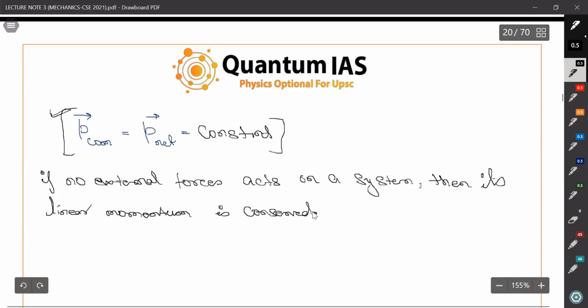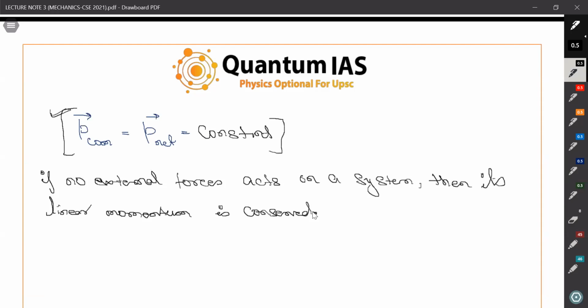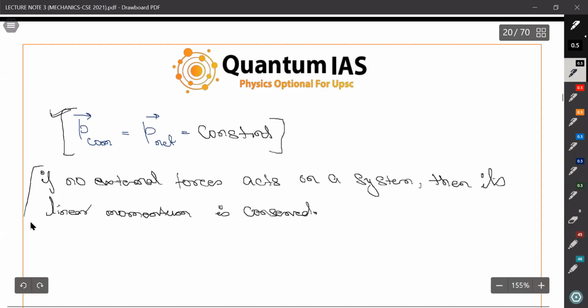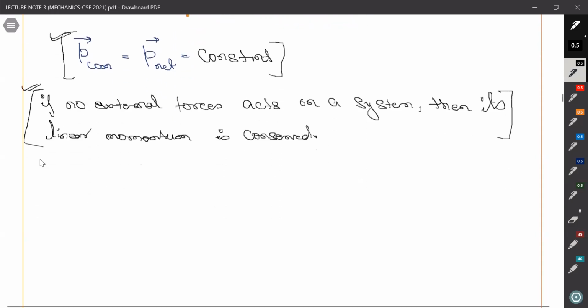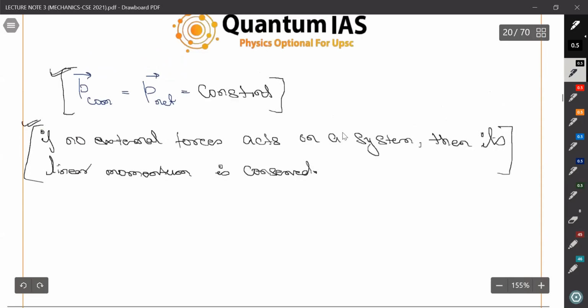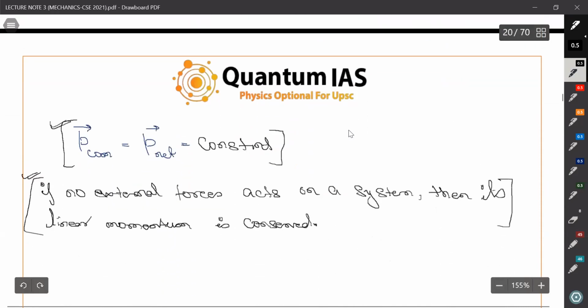We have studied till now the constant mass system. We haven't studied anything for the variable mass system, but it is valid for the variable mass system also, right? It is so basic in nature that I forgot to state earlier. It is valid also for a variable mass system, which we will see in rocket motion in the next lecture. Okay, so we have come to this conclusion.